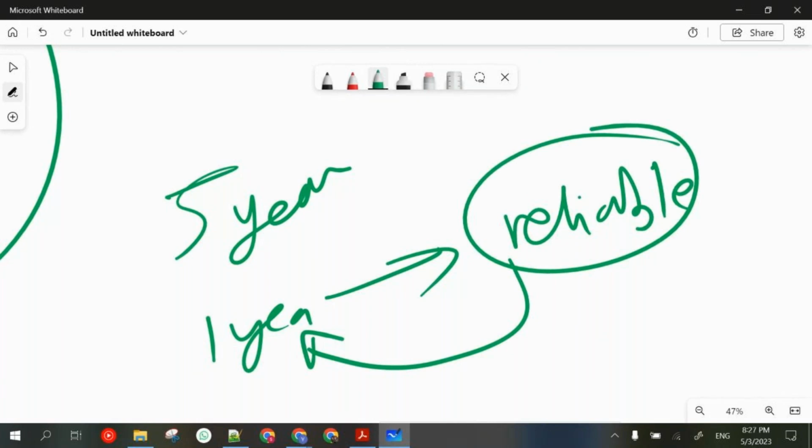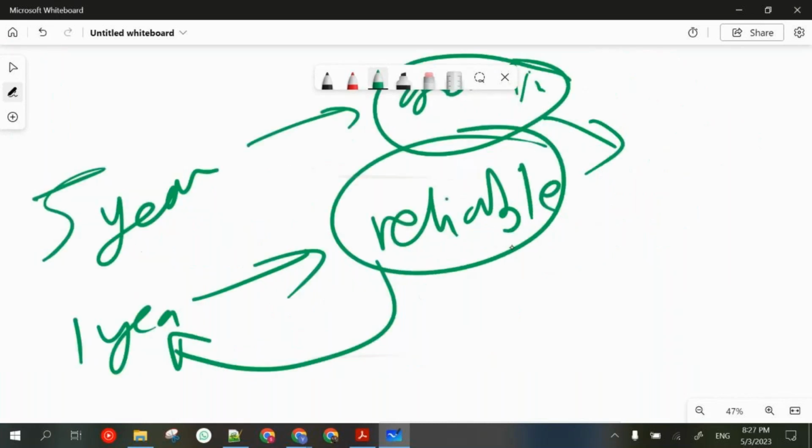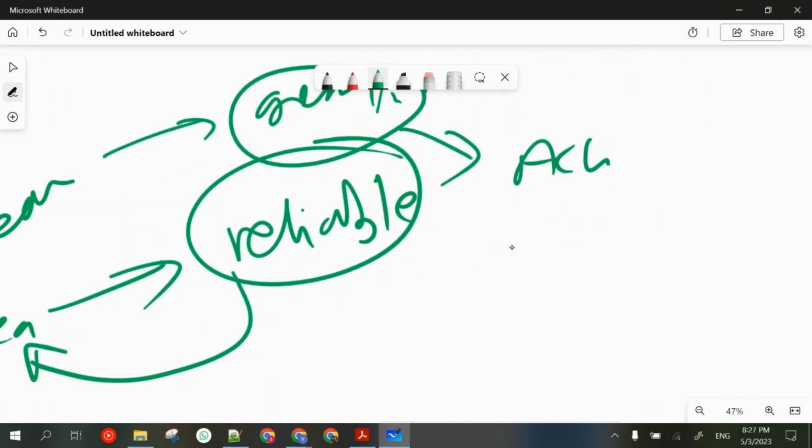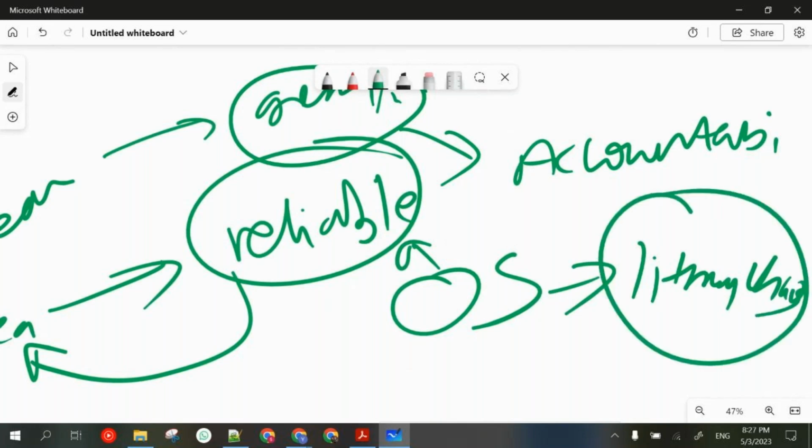That's why people prefer Gremlin, because it's a paid one and they have accountability. So the people who have money to shell out go for Gremlin. But with open source, you have to be very careful which tool you choose, and we have carefully chosen Litmus Chaos from my experience. It's a good tool.